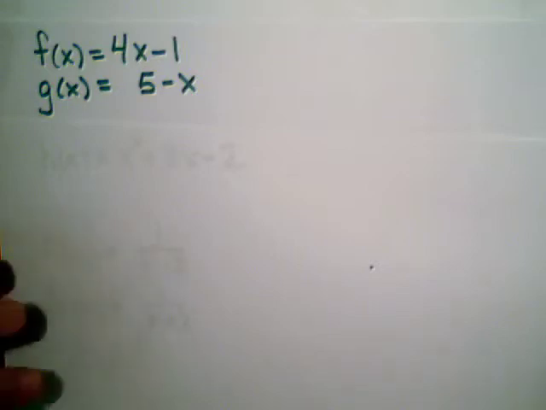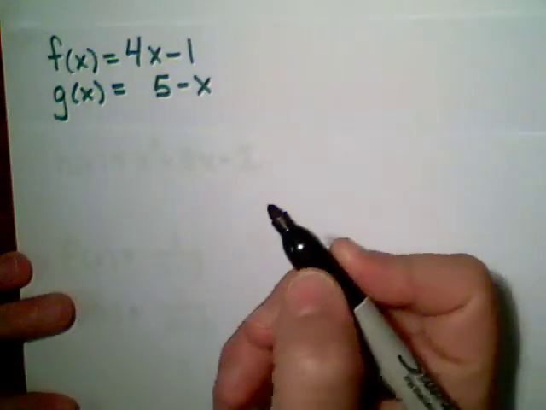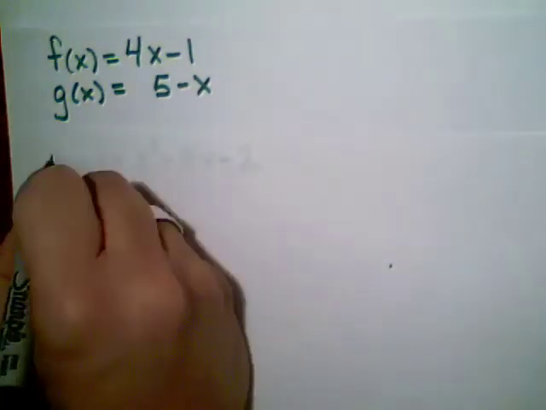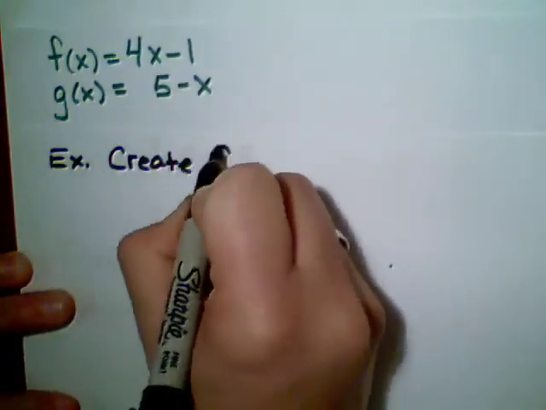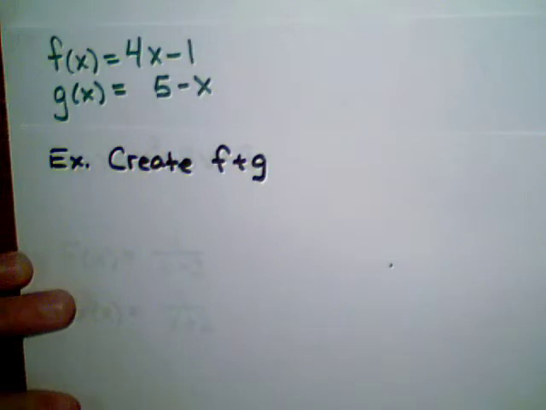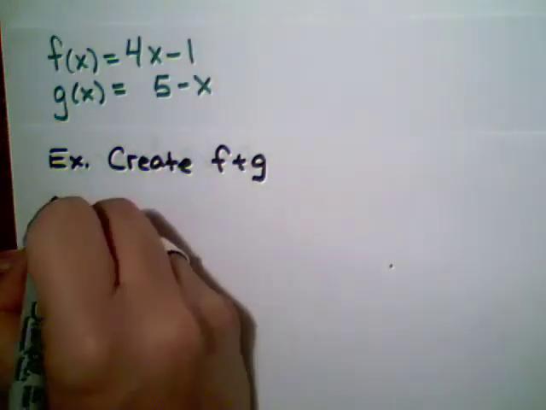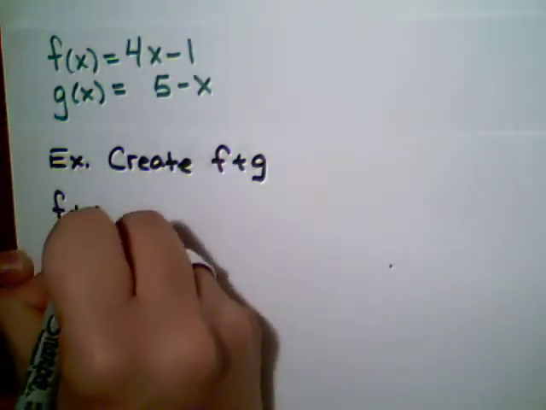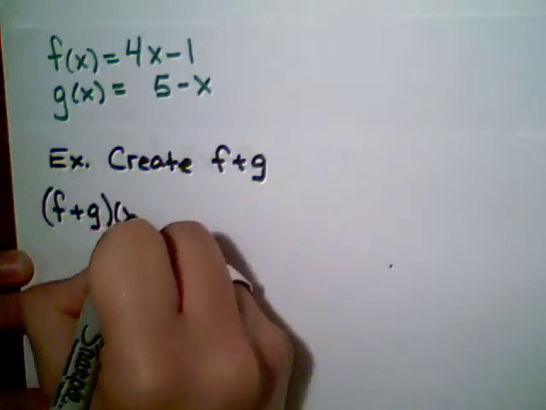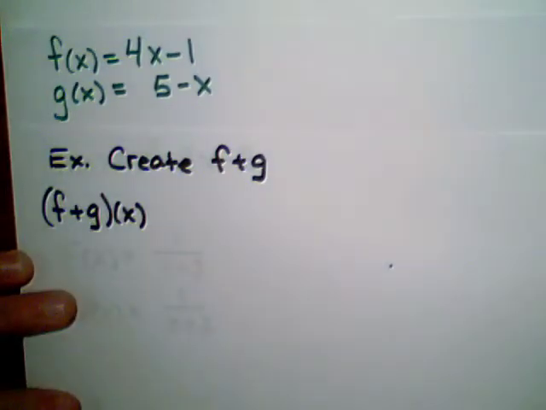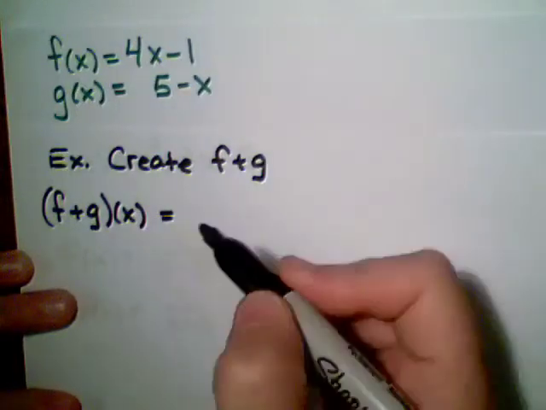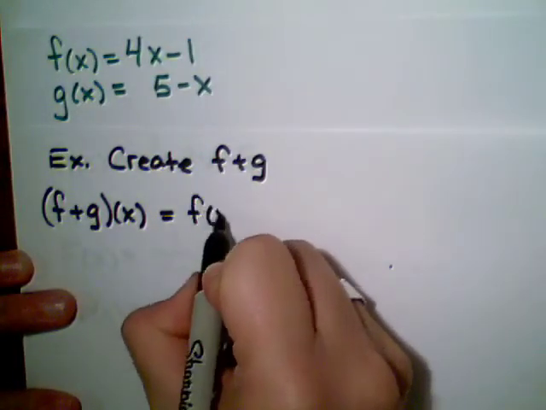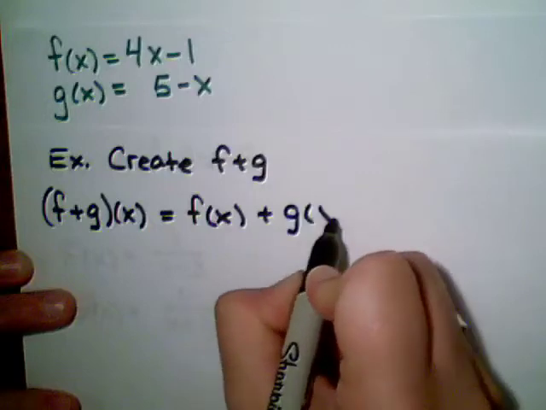And we're going to use those functions above to create new functions. Let's start off example 1. Let's create the new function f plus g. By definition, the outputs of this new function f plus g of x are created by adding the outputs of the original functions, f of x plus g of x.